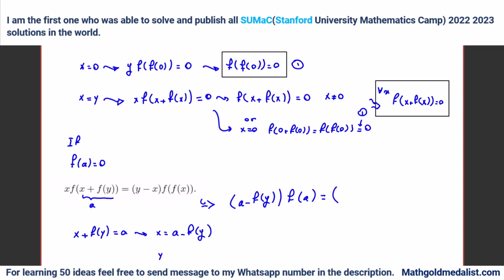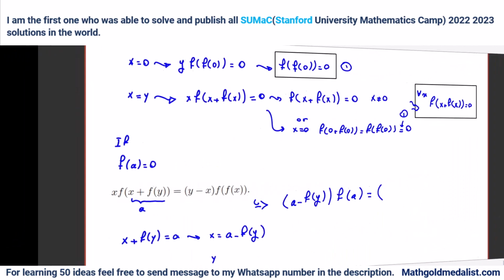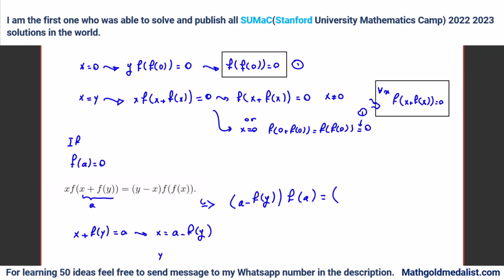But let's write also this one. Right hand side would be what? It will be y minus a plus f of y times f of a minus f of y.